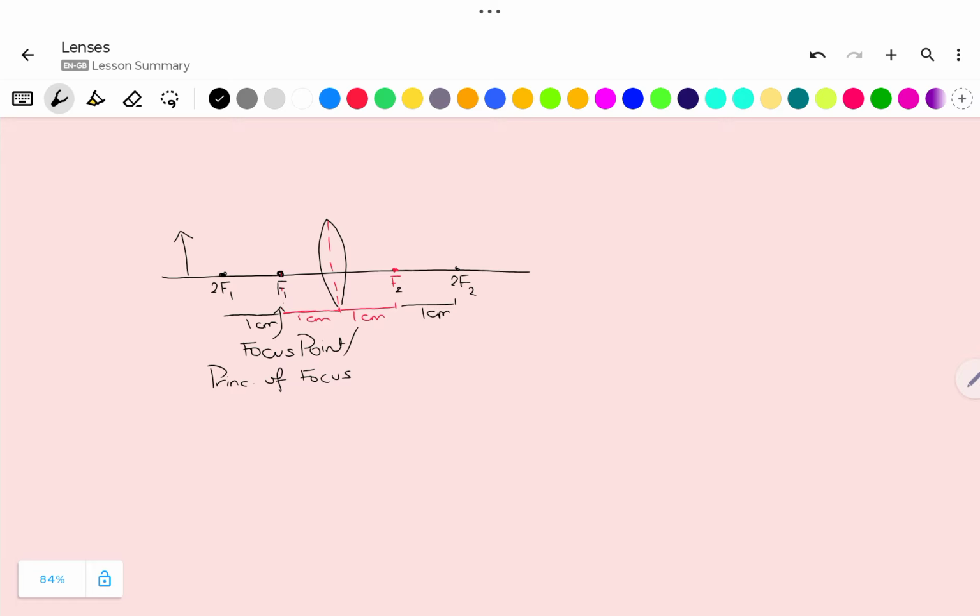This way we have a perfectly clear drawing with where my object should be, how far it is from the principle of focus or the focal point and everything. Okay, now as we said, let's say they gave us the object which they want us to draw. So for example, let's draw it here. I just made it a bit smaller because my lens is quite small.